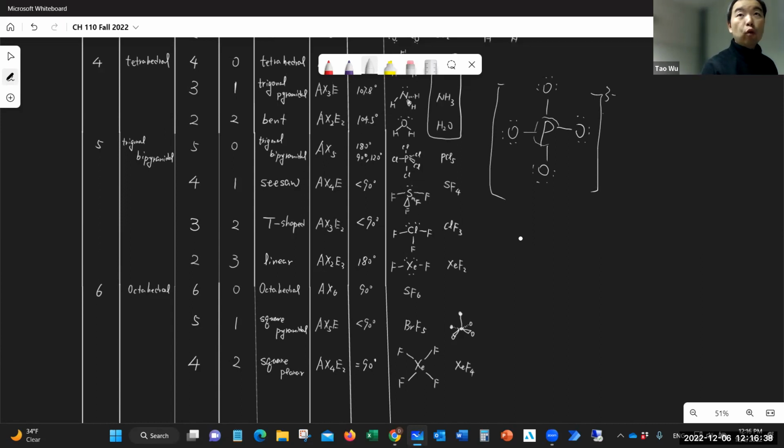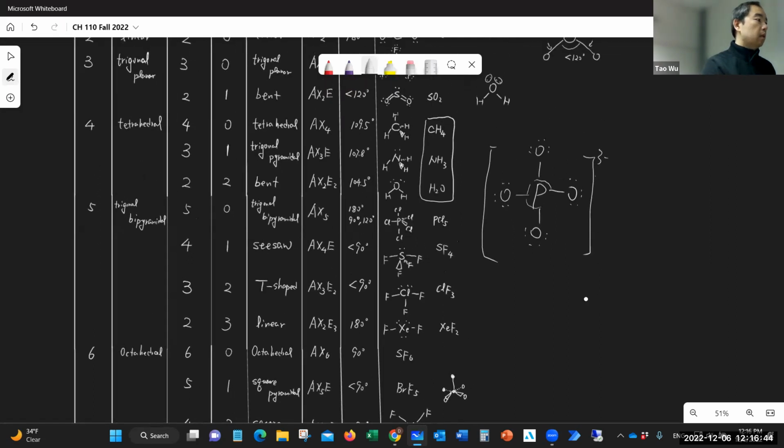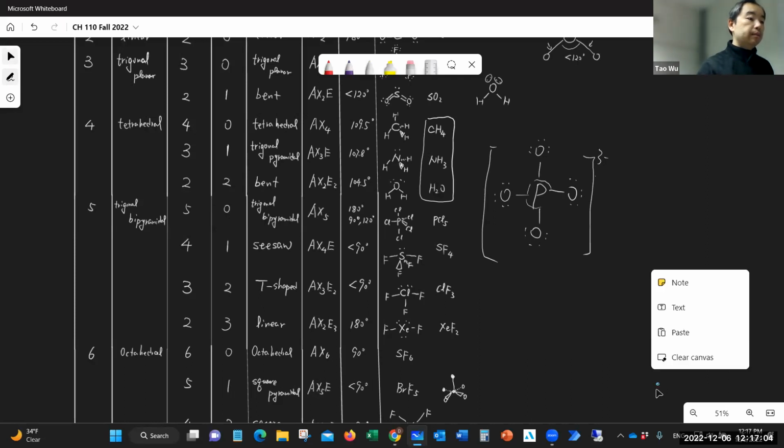All of the domains are bonds, no lone pairs. And it turns out the geometry of phosphate is tetrahedral. Make sense?